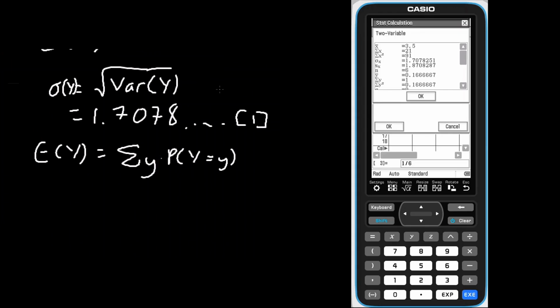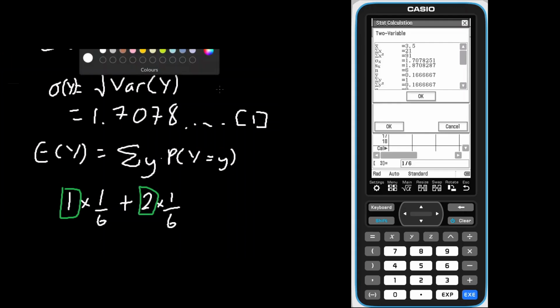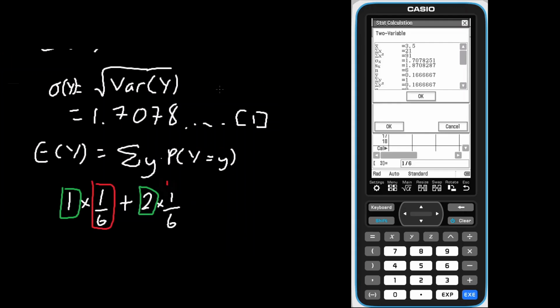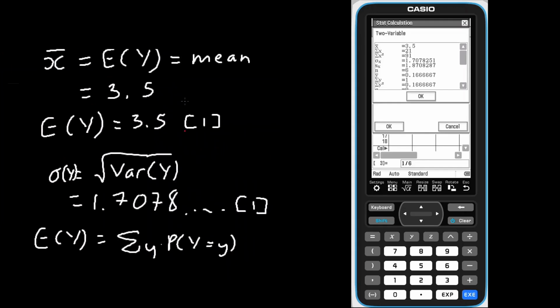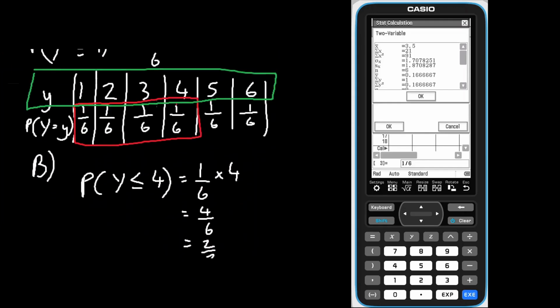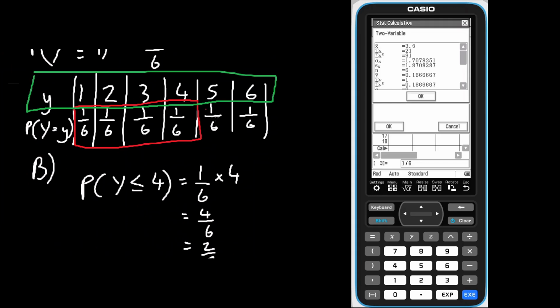We sum them up so that 1 times whatever the probability was, and that's 1 divided by 6. All right, that's the first bit. And then we say plus 2 times the probability, 1 divided by 6. I'm going to highlight the things here in green so you can see the equations there, and the ones in red were the bottom ones. When we look at our table, you can see that it's just multiplying them together.